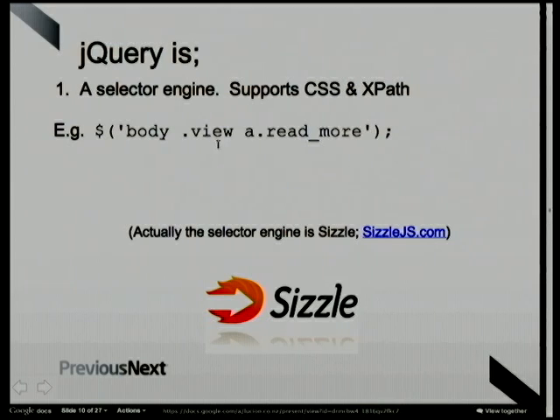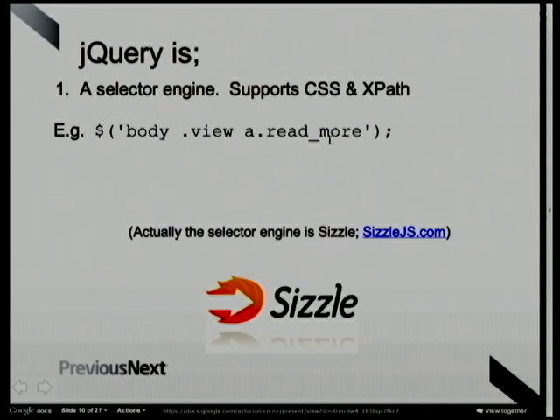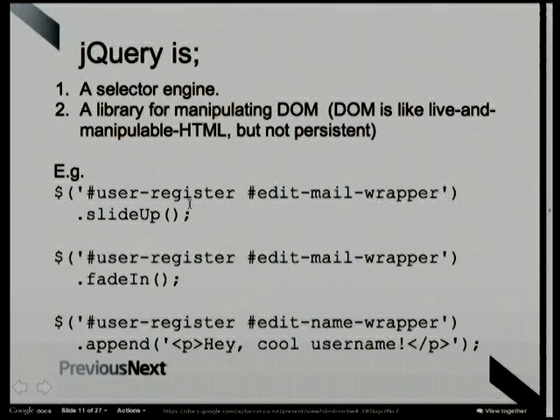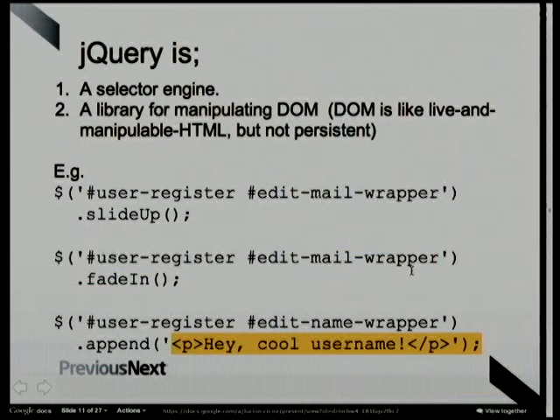So this snippet of jQuery code here is basically that first part of jQuery, the selector. It'll find an element on the page, and then after we've found it, we can do things with it. For example, we can make the element slide up out of sight or fade in to the page and appear. Or we can append some more stuff, some more markup to the inside of that element.